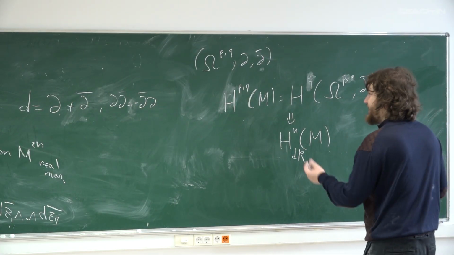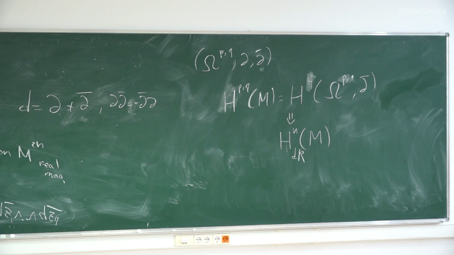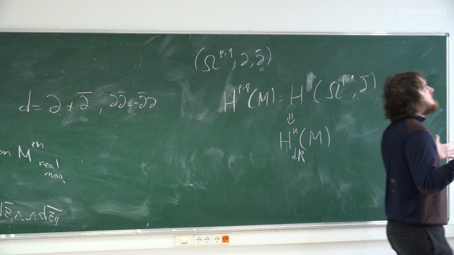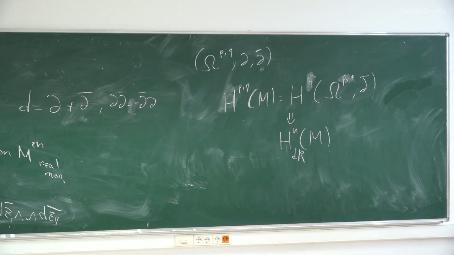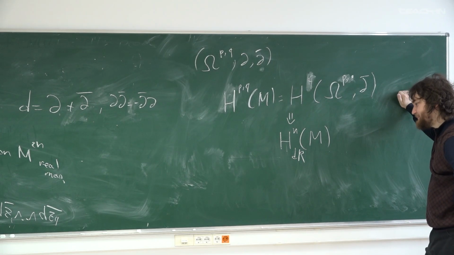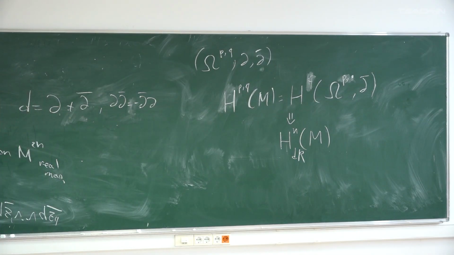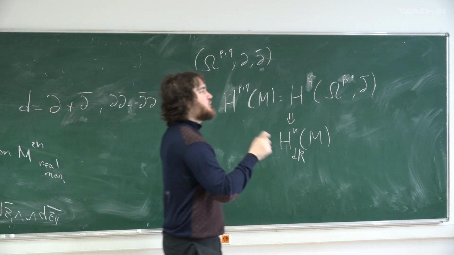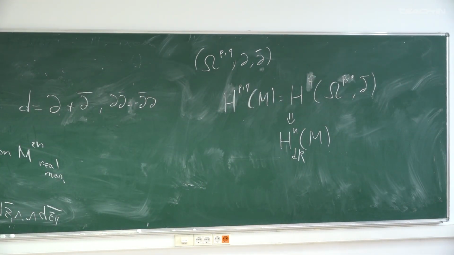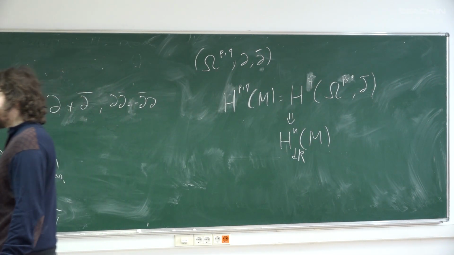And for example, if M is a Kähler manifold, do you know what a Kähler manifold is? A Kähler manifold is when you have your complex structure and you also have a Hermitian metric such that its imaginary part is a skew-symmetric form, and this skew-symmetric form is symplectic.